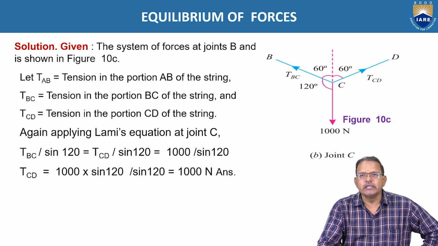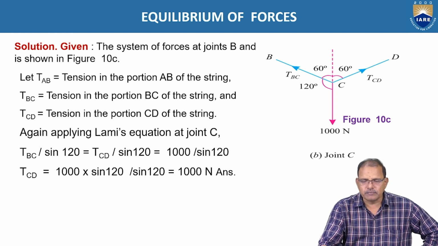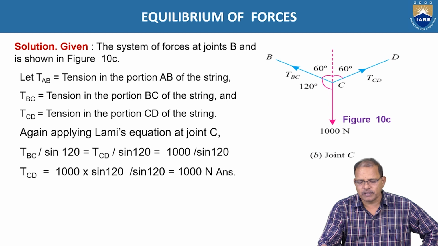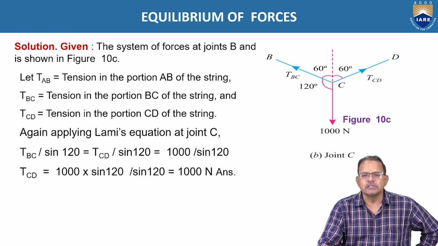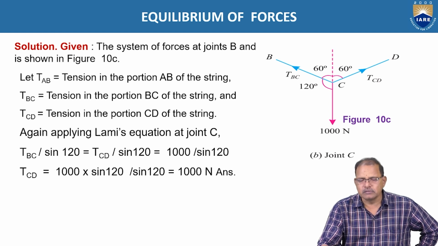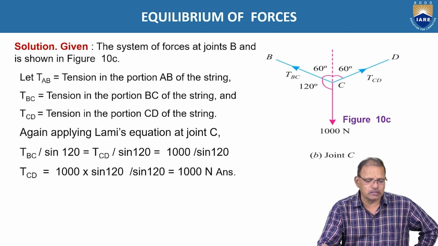Now I am considering the forces acting at point C. Three forces are acting: in the direction of D, in the direction of B, and one more in the downward direction, 1000 newtons. That means the point C is in equilibrium under three forces as shown in the figure.